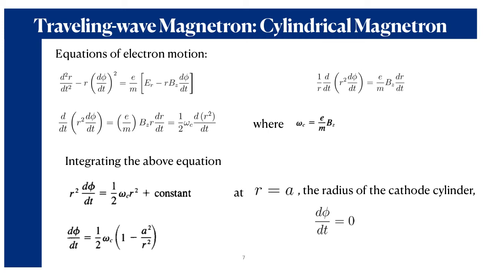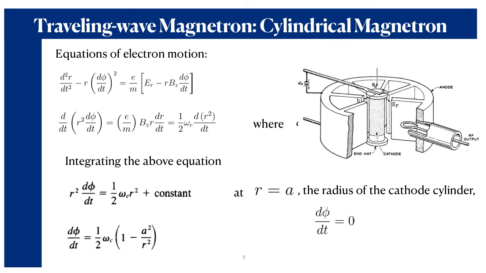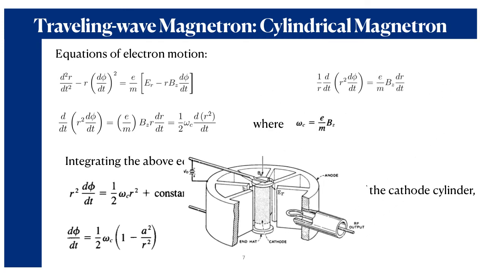The boundary condition is that when r equals a, and a is the radius of the cathode cylinder, as you have seen when I described this system, you can see from this figure that A defines the cathode cylinder from where the electrons are generated and travel towards the anode.